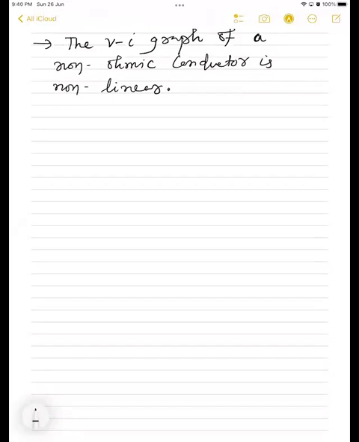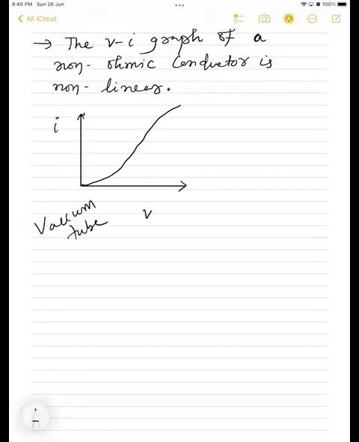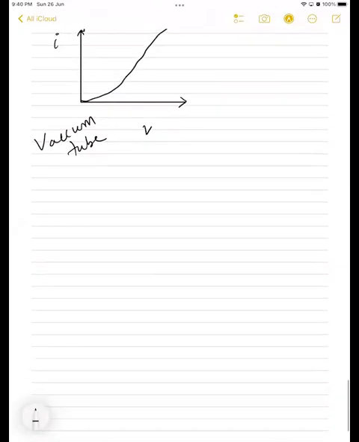Non-linear means it could be of any type. Let's say vacuum tubes, right? Let this be current, this be voltage. So it will be like this for vacuum tubes. For another chapter, semiconductors, the last chapter of 12th, we'll see how the current and the voltage are related.